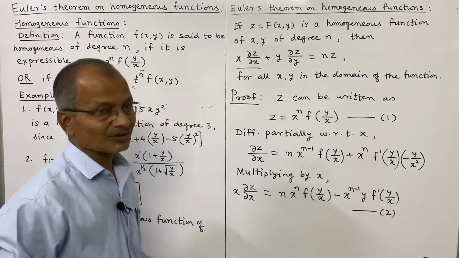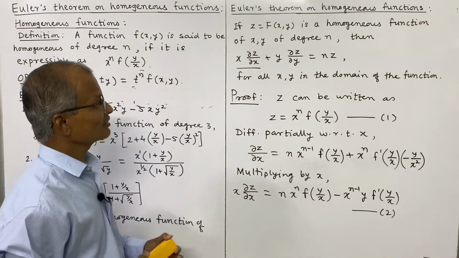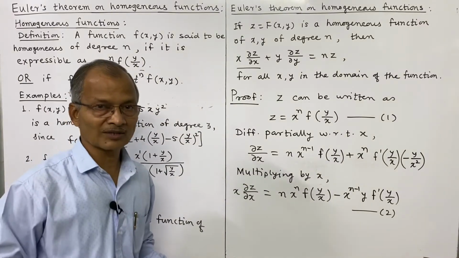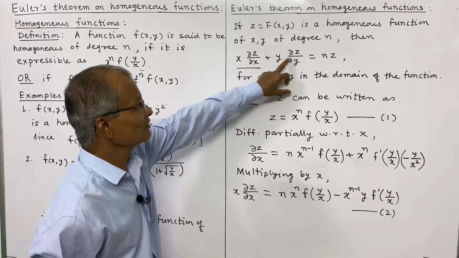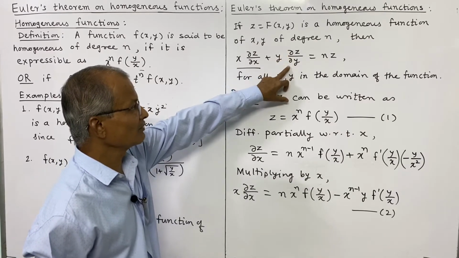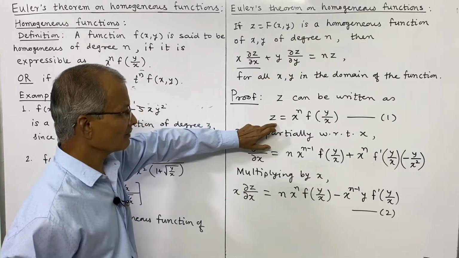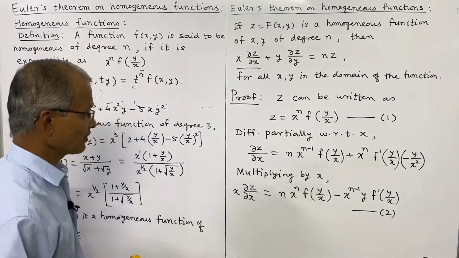Now, you might have understood the next step will be to form this term, and to form this term first we have to get the partial derivative of z with respect to y. Again now differentiate 1 partially with respect to y.